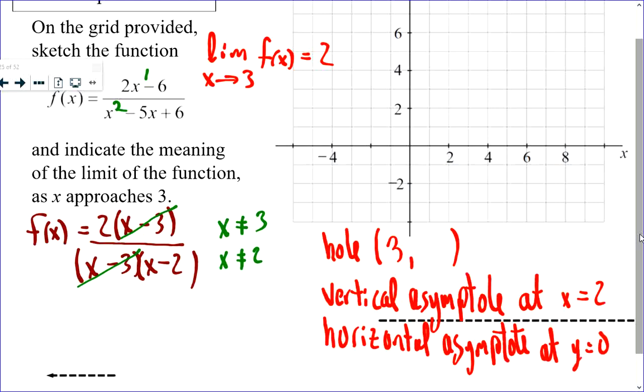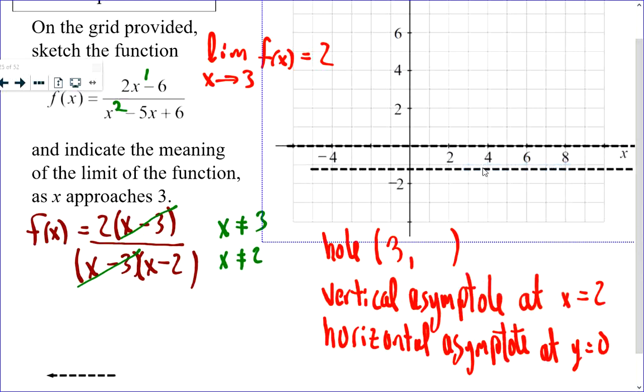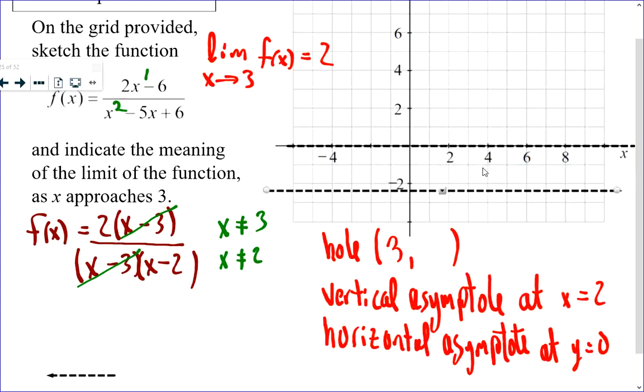So I'm going to start to build this function. We're going to have an asymptote on the x-axis. We are also going to have an asymptote at x equals 2. And we have a hole where x equals 3.